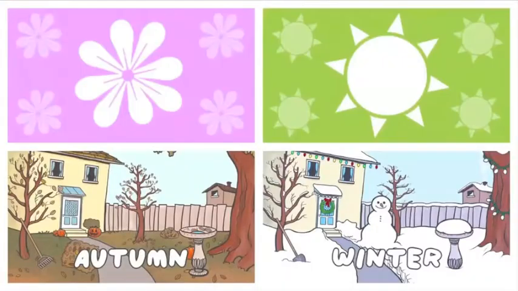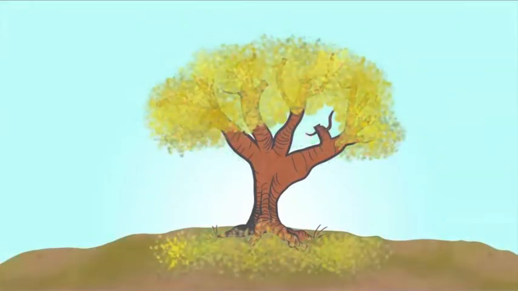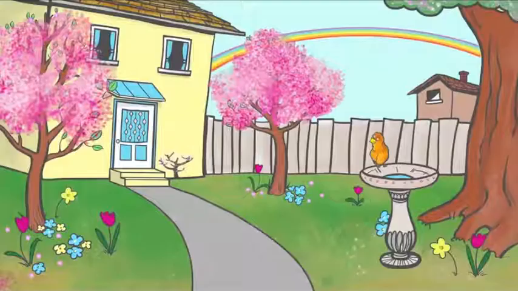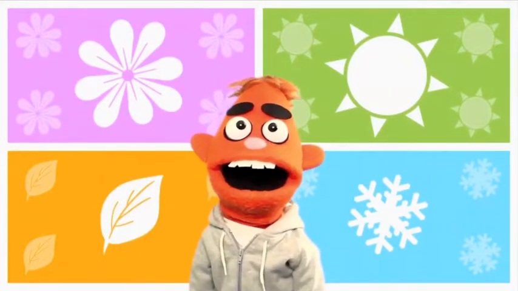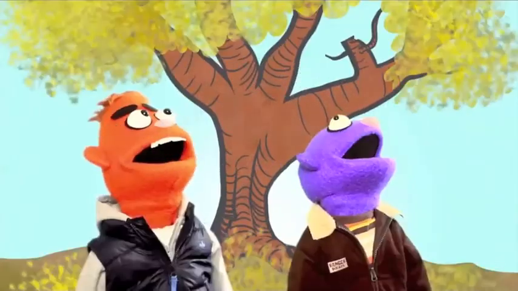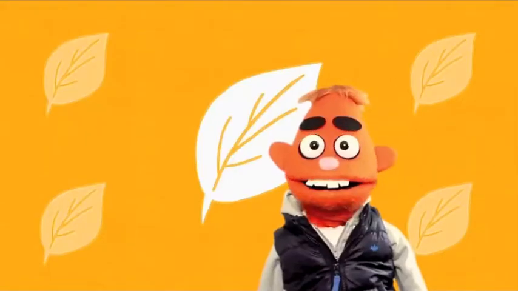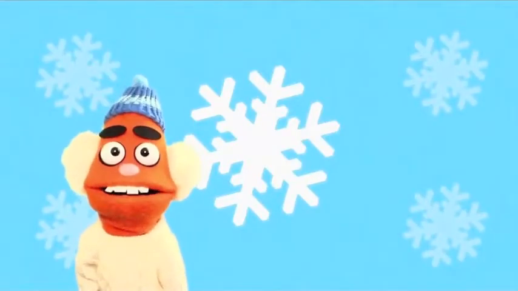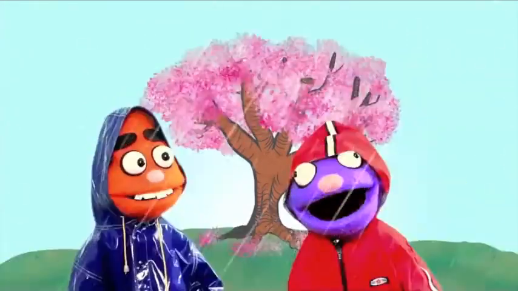Summer. Autumn. Winter. There are 4 seasons that happen in a year. Spring, summer, autumn, winter.